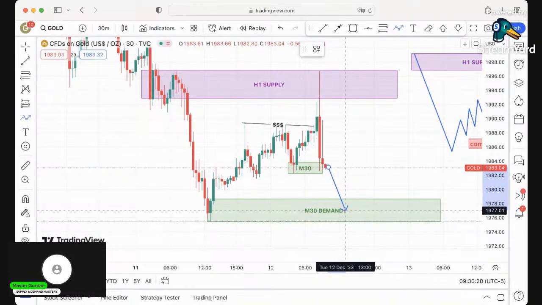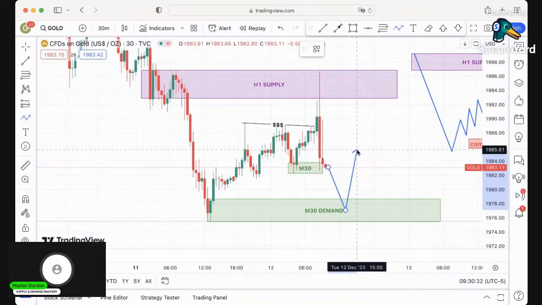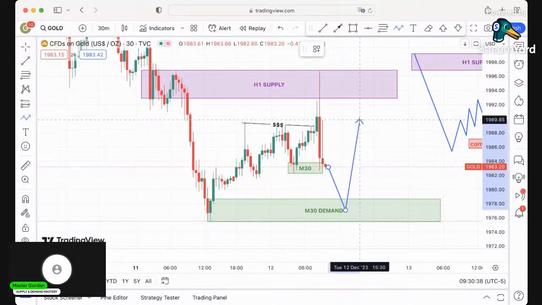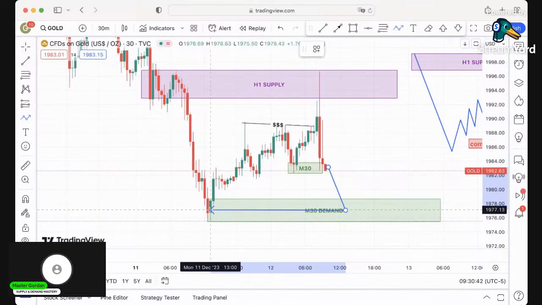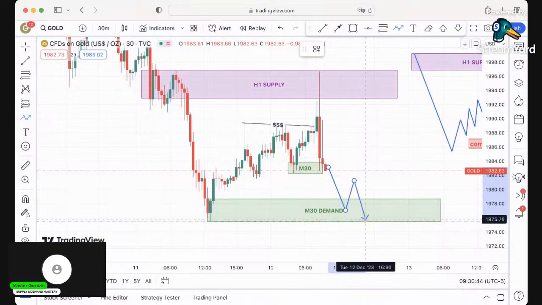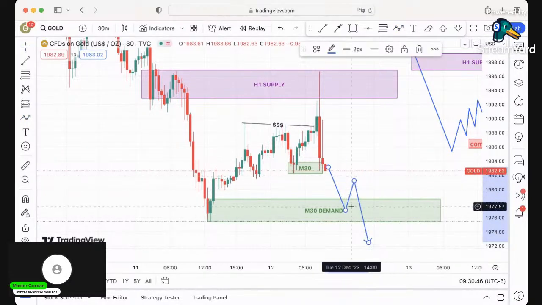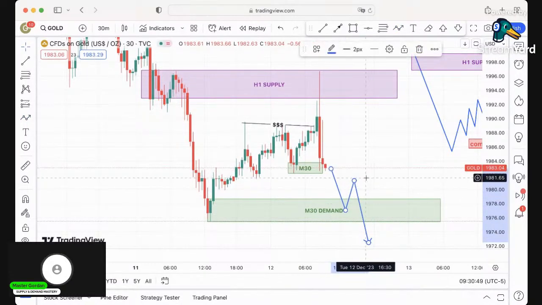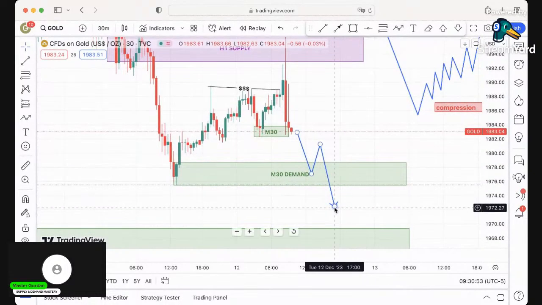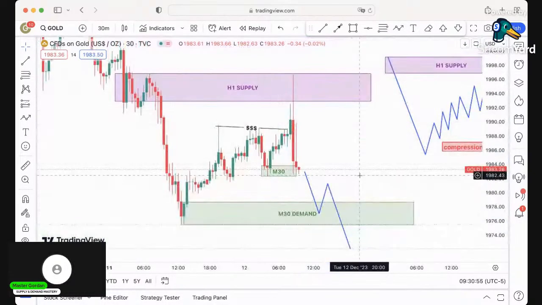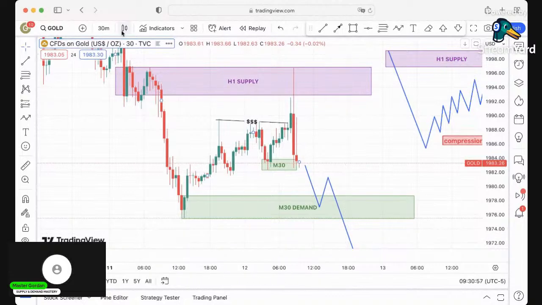If this demand zone is strong enough to create a small pullback, then maybe we have a temporary retracement. But if this demand zone is not strong enough to defend, then most likely it will just have some reaction, but it will continue to break and go even lower to this zone again, zone to zone.